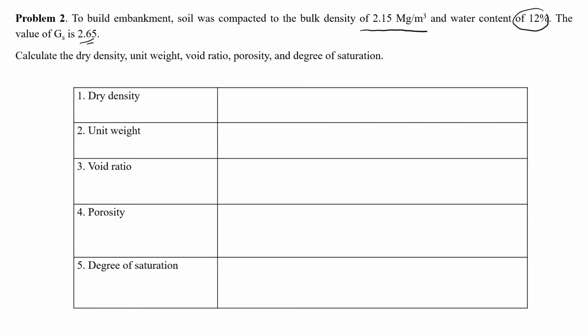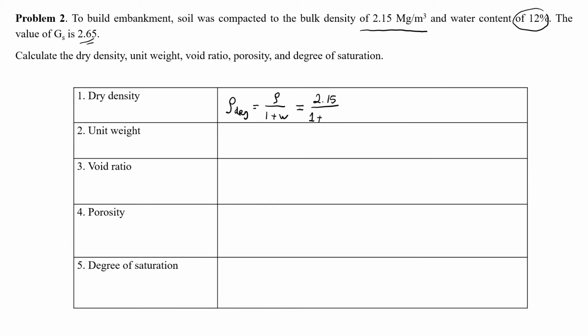We'll start with dry density, and we need to remember that dry density is the ratio between the density of soil divided by 1 plus water content. So in this case, we are given bulk density, which is the same thing as density, or the same thing as moist density, and that's the value that we're going to use, 2.15 divided by, and we're also given the water content.